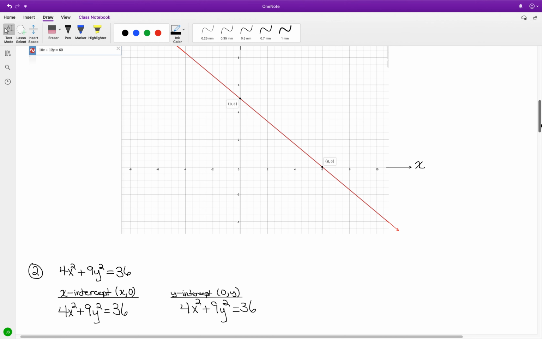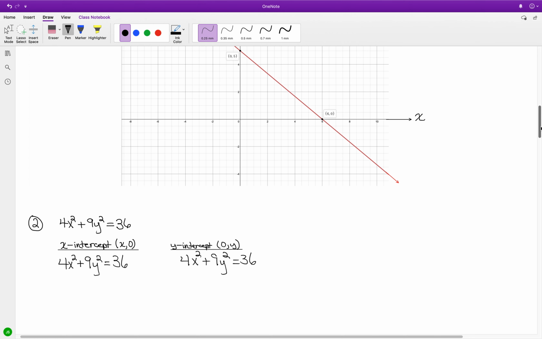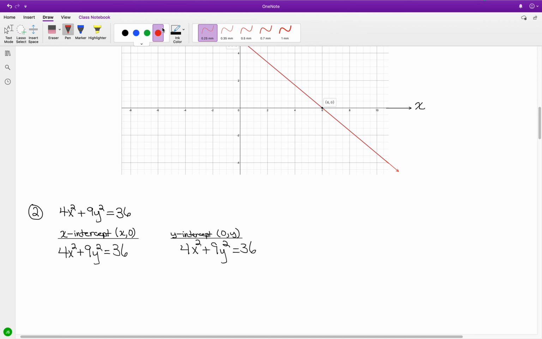We have an equation that is second order in both x and y: 4x squared plus 9y squared is equal to 36. To determine the x-intercepts, we solve for x, and y is set to 0.